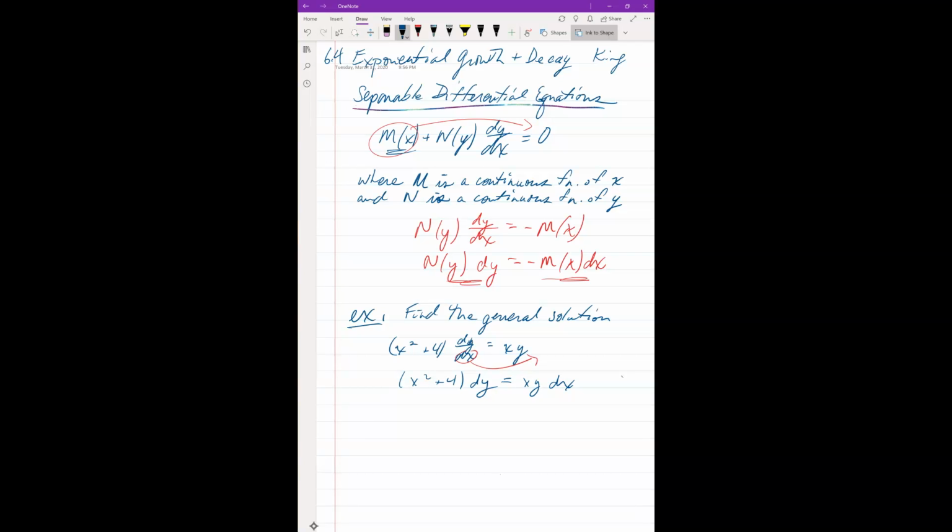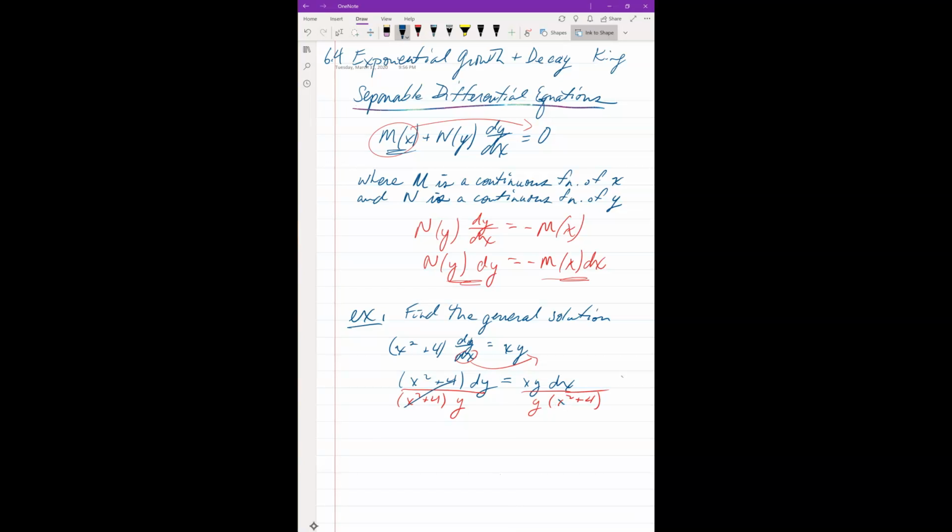In the next step, we're going to divide by y, and we're also going to divide by x squared plus 4. Those of you who know me know I don't always write this much work, but I want to be very clear here.